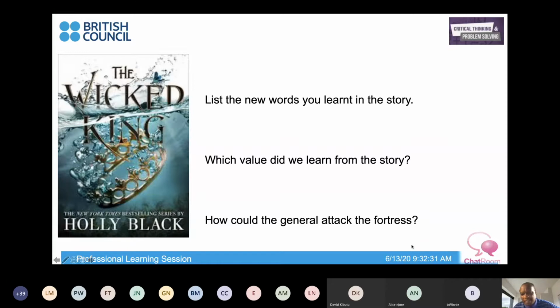Please don't mute me. We have been reminded that the king, just to capture, the king was avoiding to be attacked, and the spies saw him putting bombs. Only one person could cross. So how could the general attack the fortress?